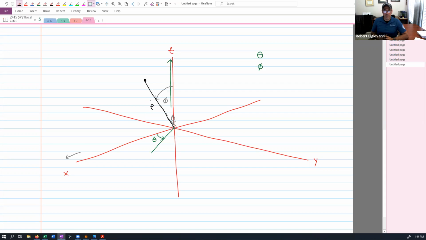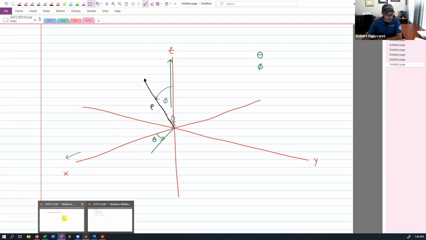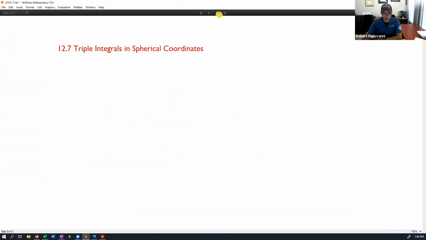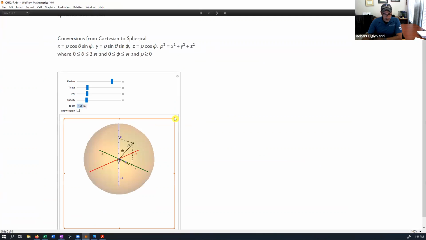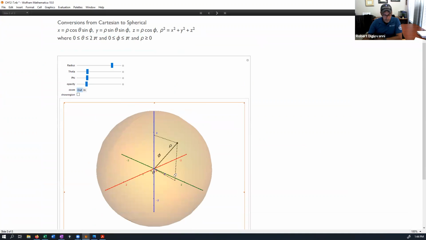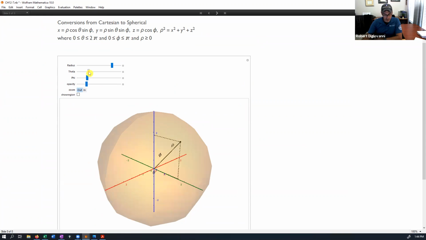That's spherical. Now let me show it to you with a computer instead of me drawing it, because I think I'm going to be able to animate it a little better. Make this a little larger for you. Okay, so here, this is our x-axis. So theta is the angle we're going to be swinging our shoulders, kind of rotating around the z-axis. And so there's theta, I'm going to fix it there.